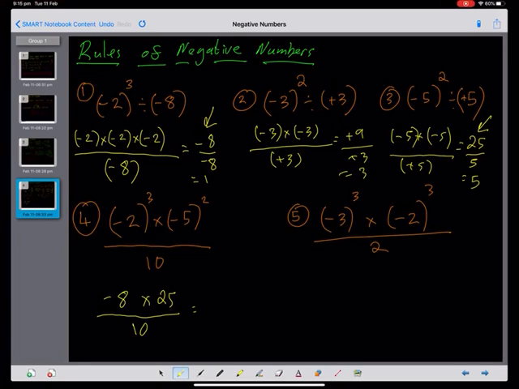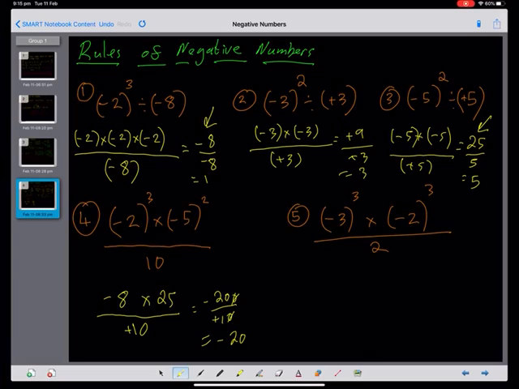Okay, so a negative multiplied by a positive is a negative. 8 times 25 is 200, divided by 10. So we've got a negative divided by positive 10 here. So a negative divided by a positive is a negative. And we just cancel a 0 to get negative 20.